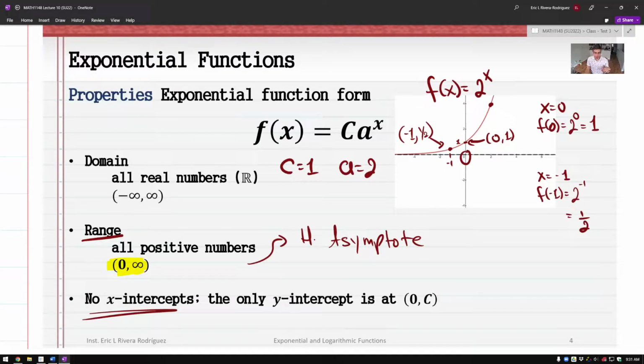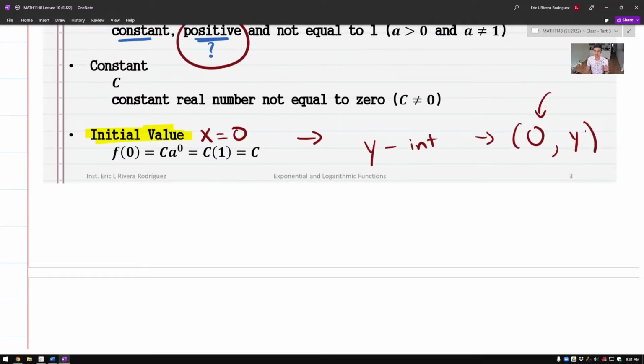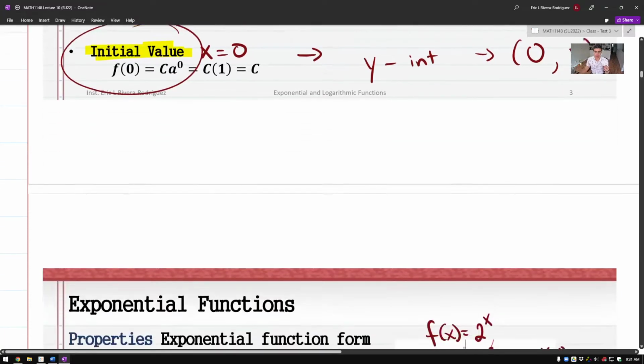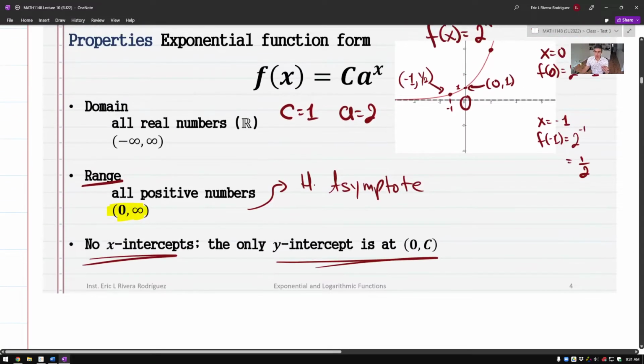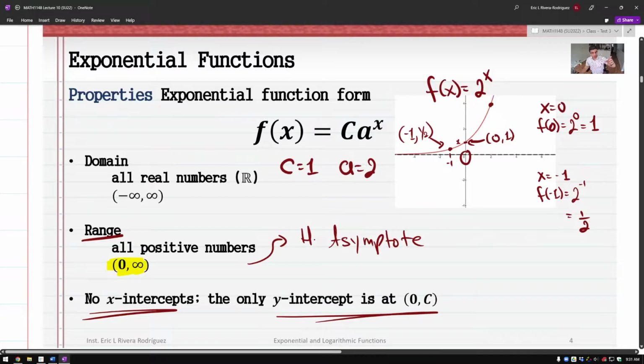There is no x-intercept unless there's a transformation, but we are going to talk about that in a moment. There is no x-intercept, but yes, we are going to have a y-intercept, and that y-intercept is the initial value. When x is equal to 0, we can plug 0 into the function and use 0 as a power.